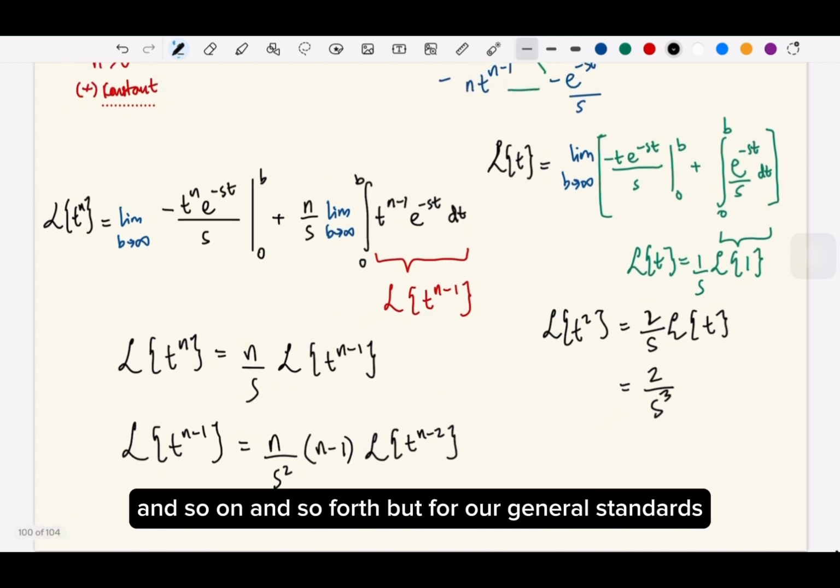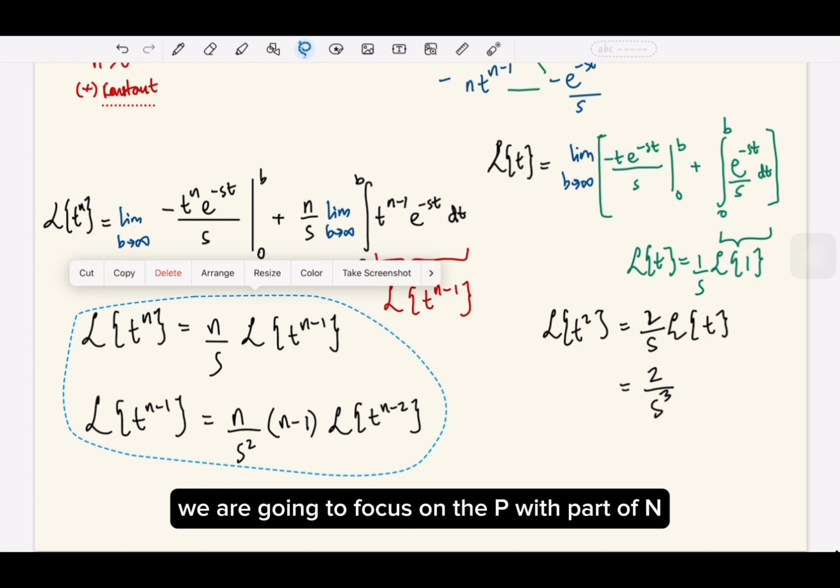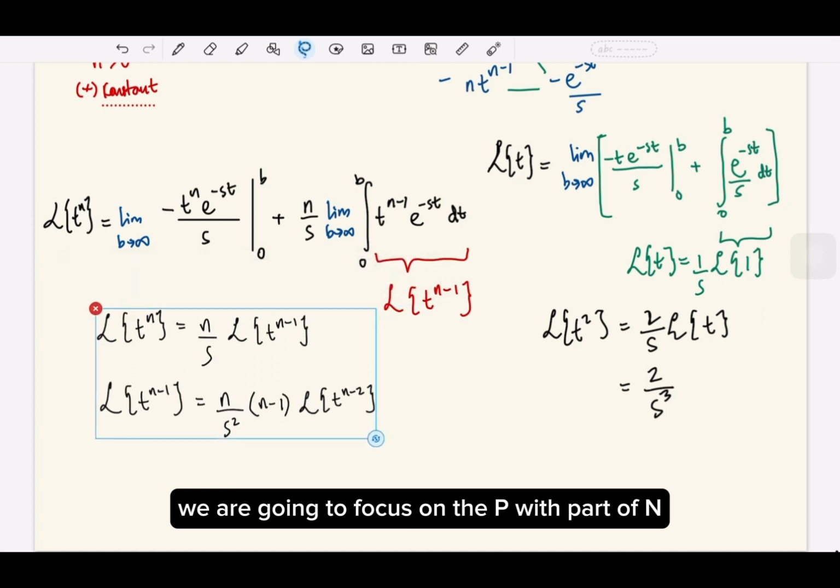But for our general standards, we are going to focus on t with power of n.